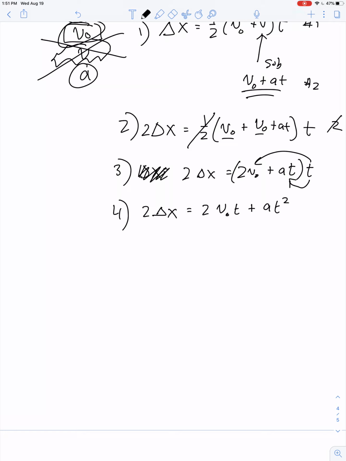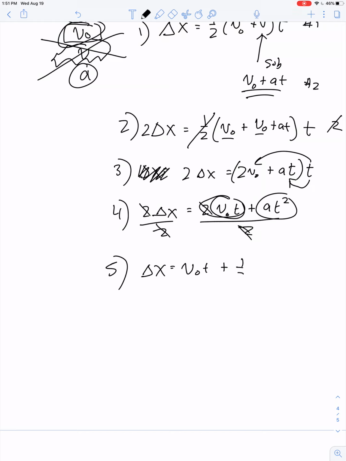Let me divide both sides of the equation by 2. So we get delta x is equal to v naught t plus, well, I'd have to divide this term by 2, which canceled it out, but I also have to divide this term by 2, so plus 1/2 at squared. There it is. You recognize that as a third kinematics equation. So we'll call this one number 3.